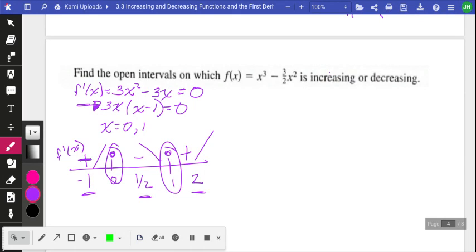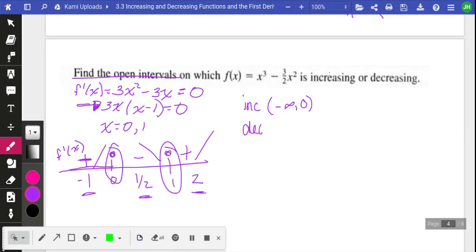So when I'm doing my intervals, to the left of 0, let's do our increasing. We're going to say find open intervals, increasing, decreasing. It is increasing from left of 0 until 0, where it then is a turning point. It's going to start decreasing. So that's increasing from negative infinity up to 0.